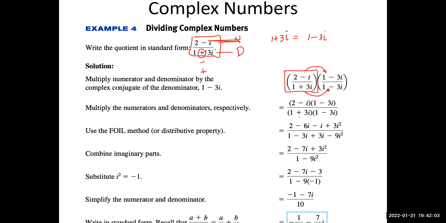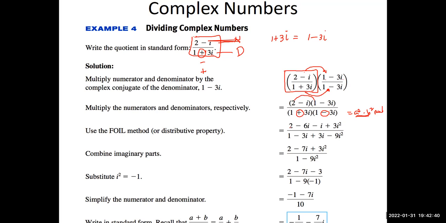In the denominator, you will see that our terms are the same, 1 and 3i, differing only in the sign in the middle. This is the special product mentioned earlier, where the result is only a squared minus b squared, or the real part only. So let's use the FOIL method or the distributive property.